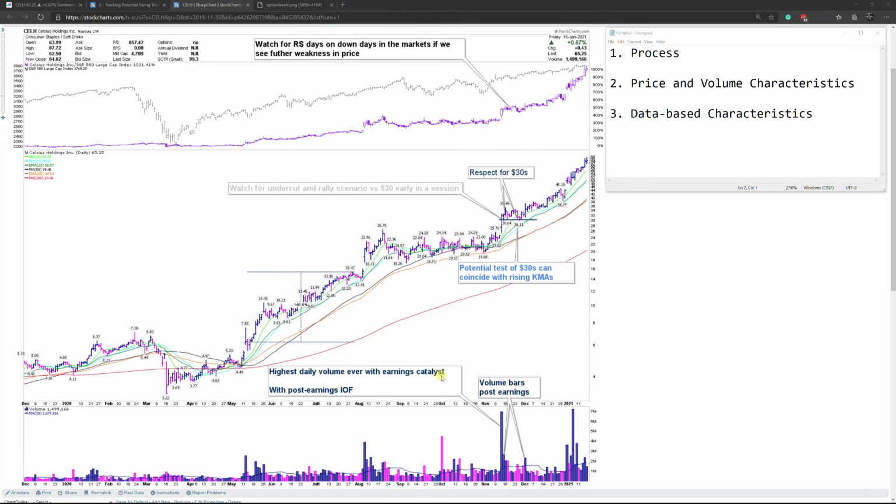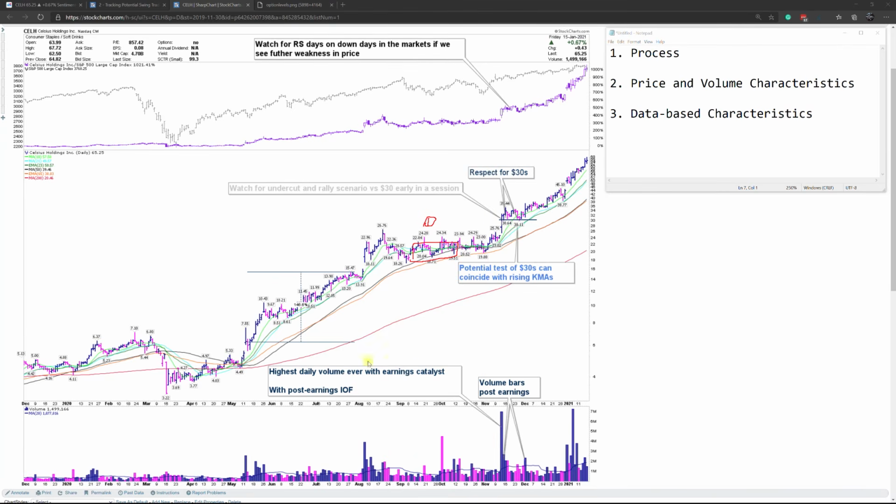So after that, CELH again gaps up on big volume with an earnings catalyst. And basically at this point, we know that institutions were active in this area, accumulating shares while the market was pulling back. That's one piece of evidence that we have.